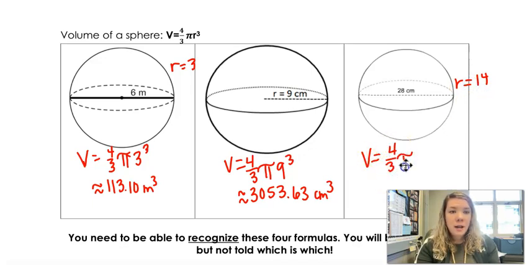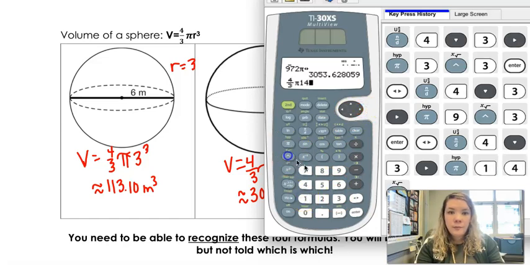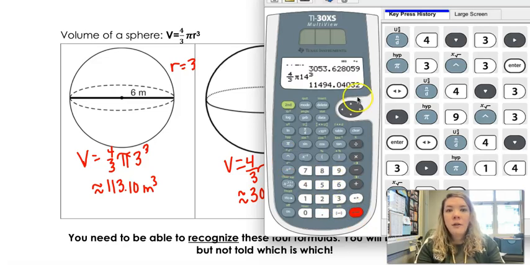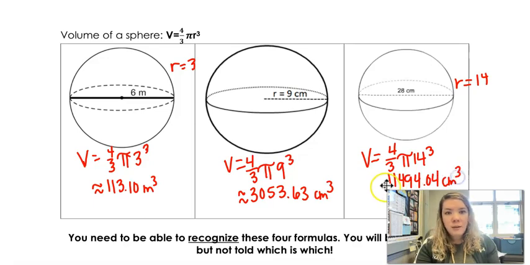So 4/3 pi 14 cubed. 11,494.04 cubic centimeters. Okay, so there's your 3 shapes that you're expected to know for your state test.